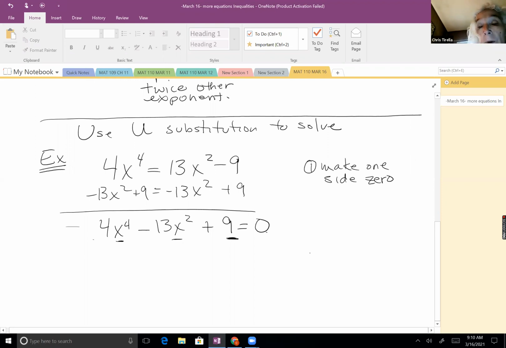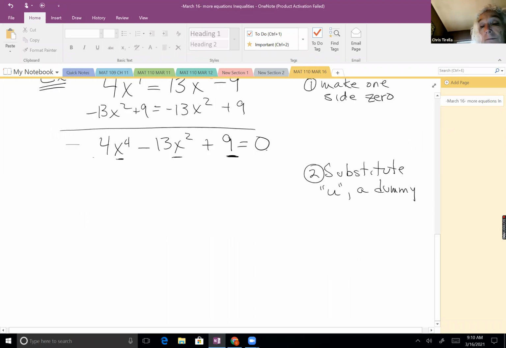So what we're going to do is we're going to substitute. Usually you use u, which is a dummy variable, for the variable part of the lower degree term, or the variable part of the middle term.